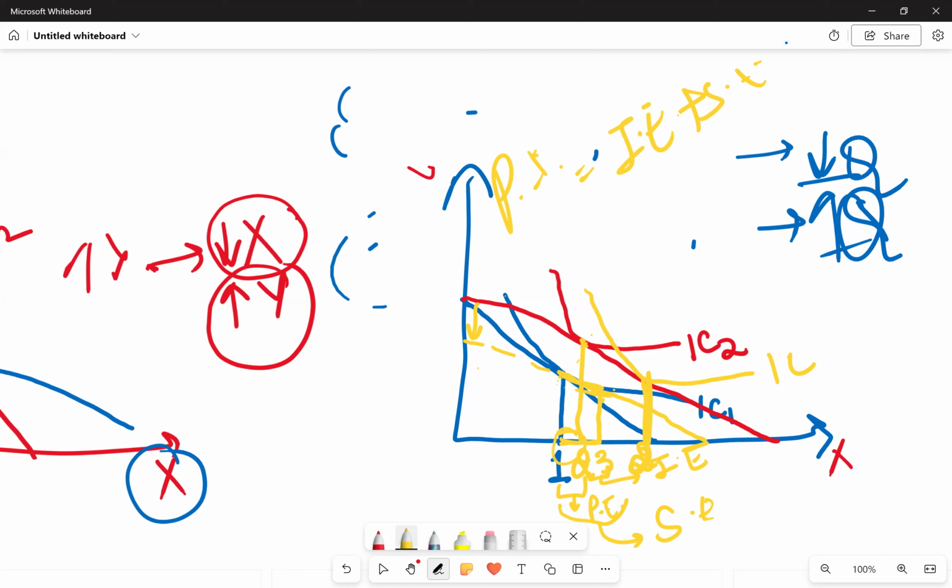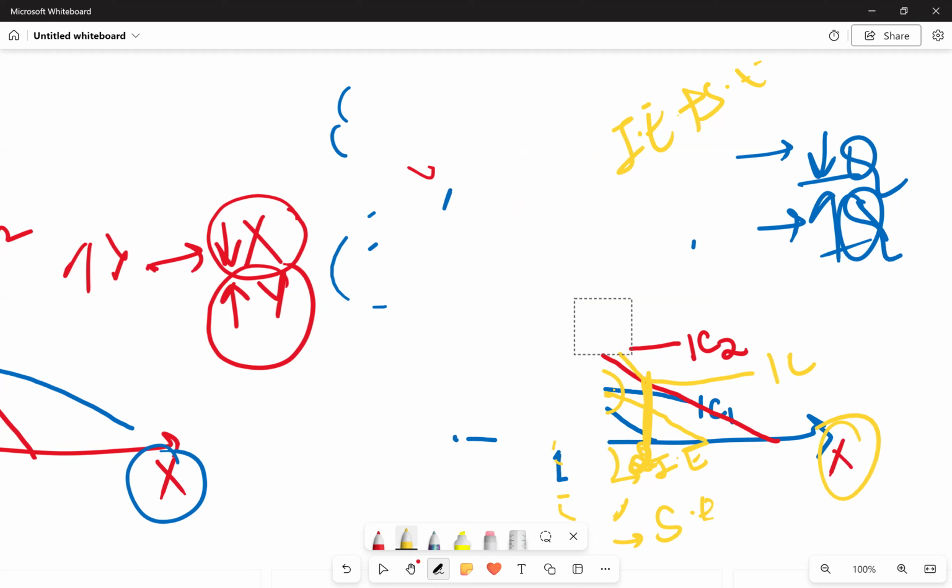Why? Because of the change in price of good X. 2 to 3 is the income effect simply because of change in income. And 1 to 3 is that we are on the same indifference curve and we are just substituting one commodity for another. So 1 to 3 is your substitution effect. Okay? Okay. Yes. Okay. Let's just see.